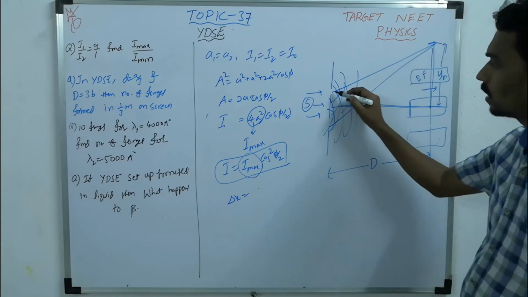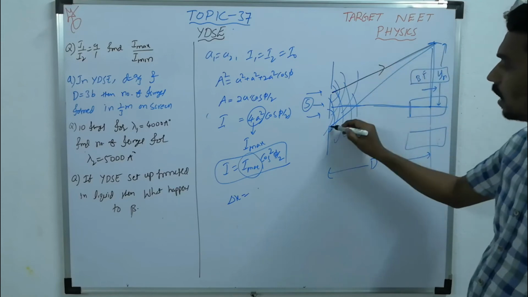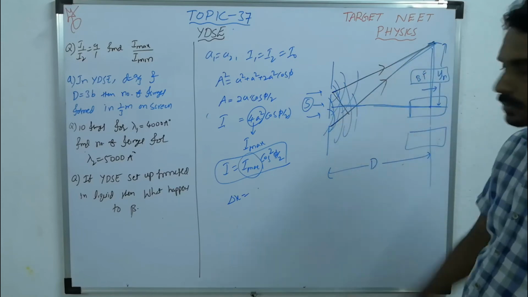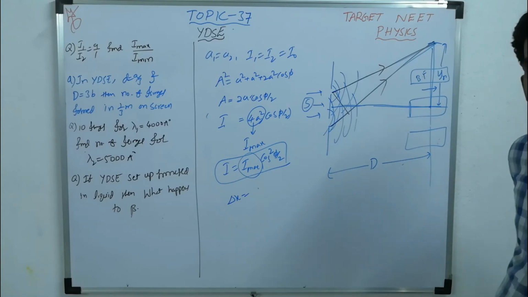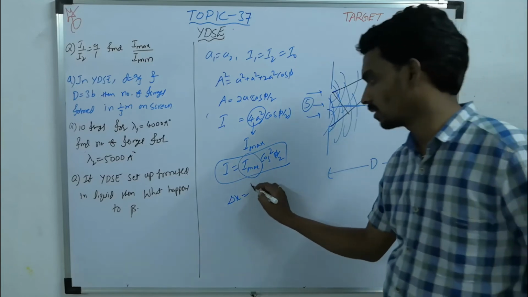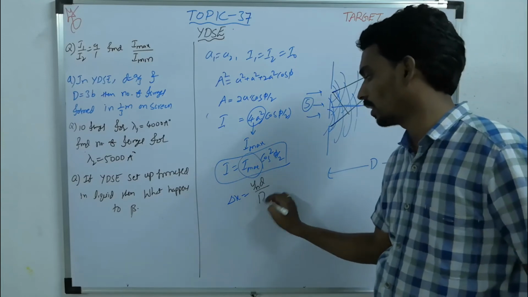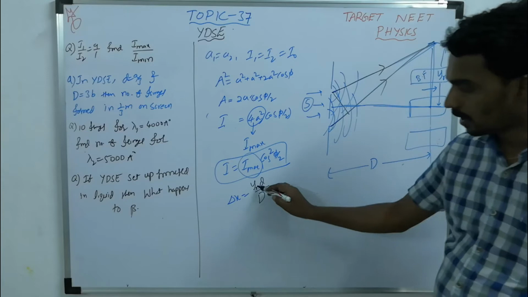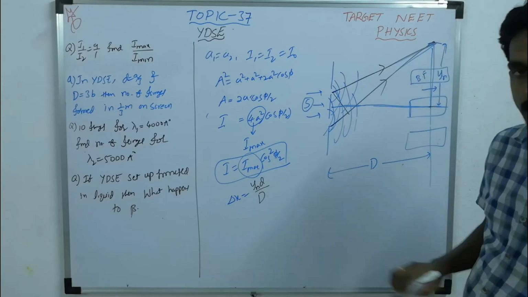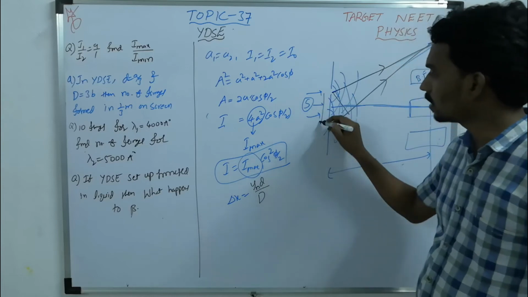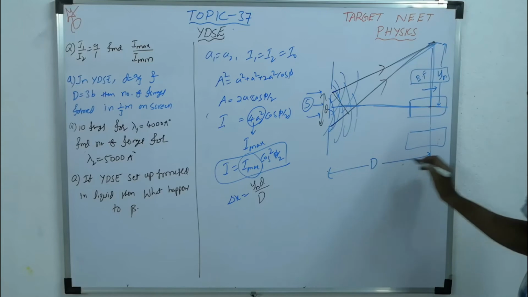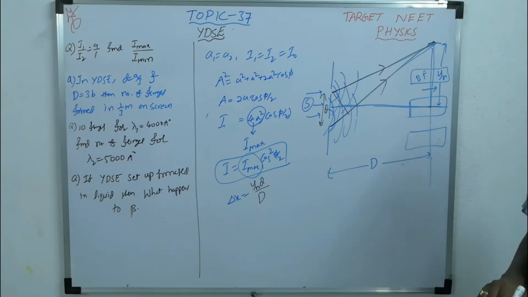So one ray is going from here, another ray is going from here, and then there is a path difference at any point. That path difference is y n d by D, where y n is the distance of the point from the center, d is the distance between the two slits, and capital D is the distance between the slits and the screen.